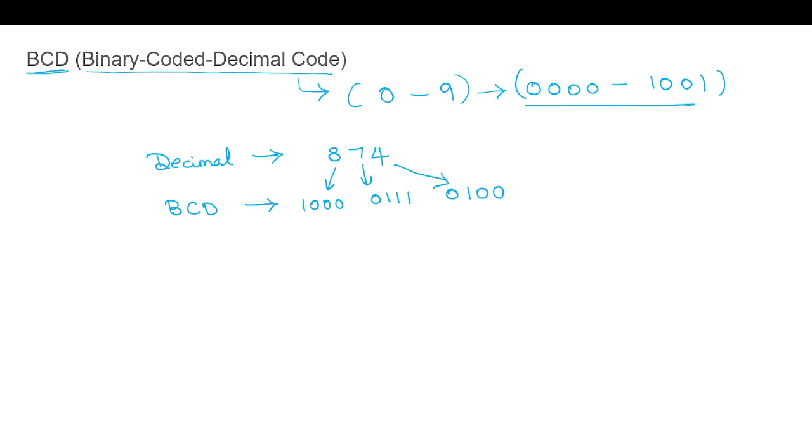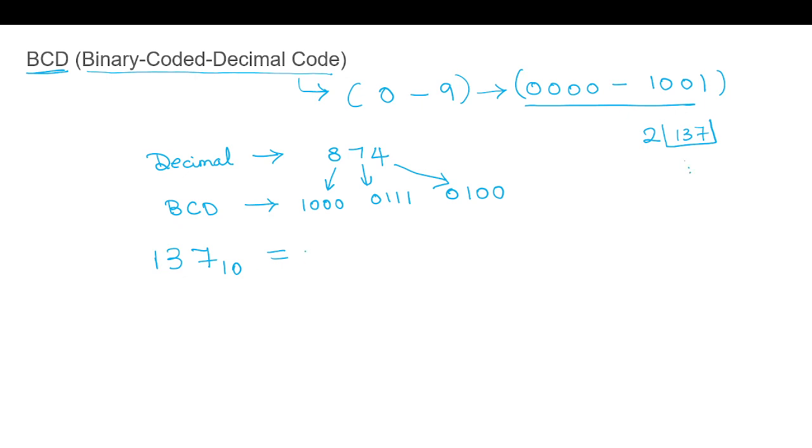So next we will take this number. It is in decimal. Now to convert to binary, we have to perform long division.